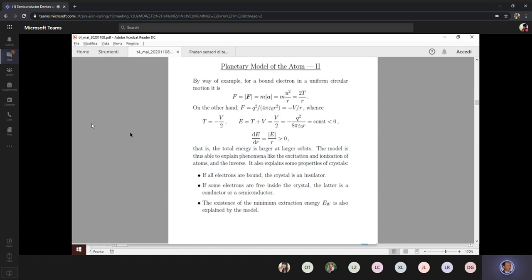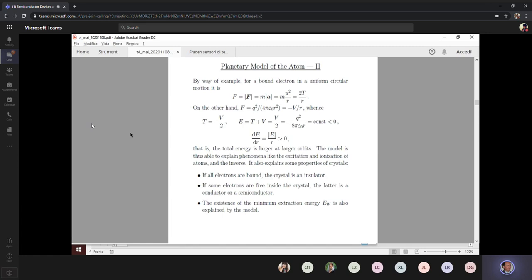Qualitatively, we can say that if all electrons are bound, so no electron can move freely around the crystal, of course the crystal is an insulator. We already know this. Whereas if some electrons are free to move inside, the crystal is a conductor or a semiconductor. We also know this.